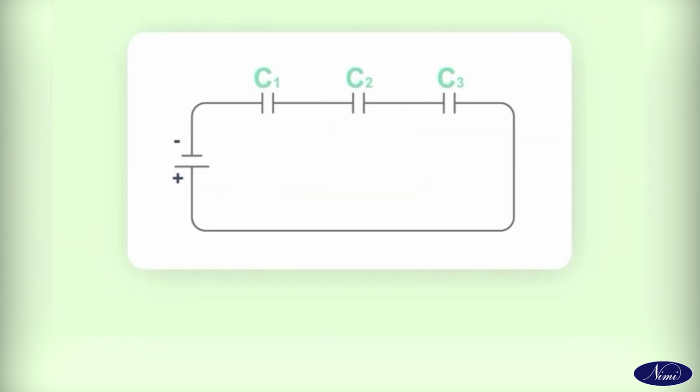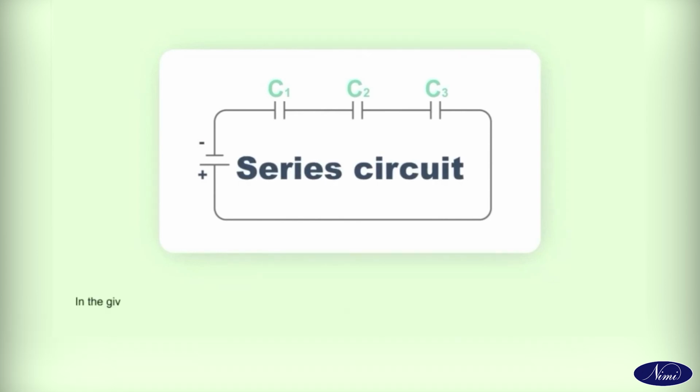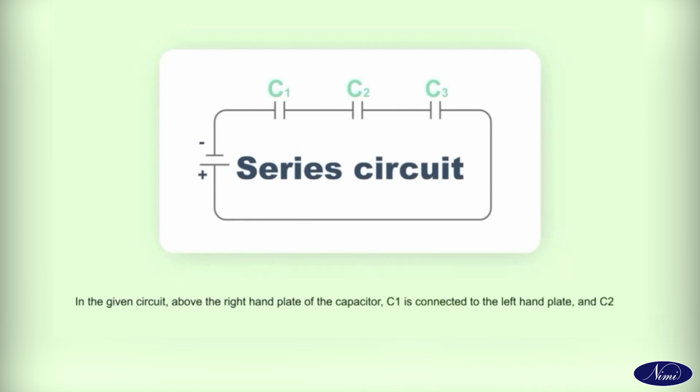When capacitors are connected one after another, it is called a series circuit. In the given circuit, the right-hand plate of the capacitor C1 is connected to the left-hand plate of C2, whose right-hand plate is connected to the left-hand plate of the third capacitor, C3.